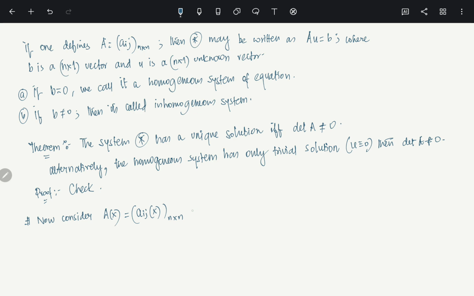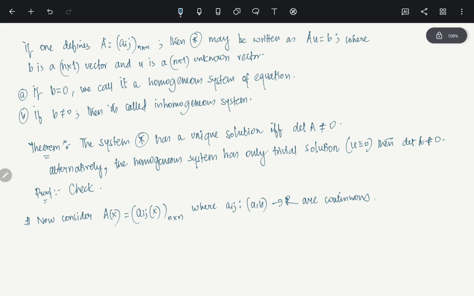Here each A_ij is a function from R to R, or it can be from [a,b] to R, and I am assuming it is continuous. Then the function is called a matrix valued function.